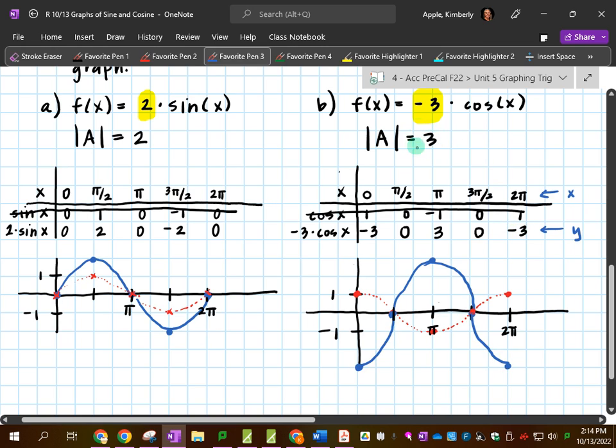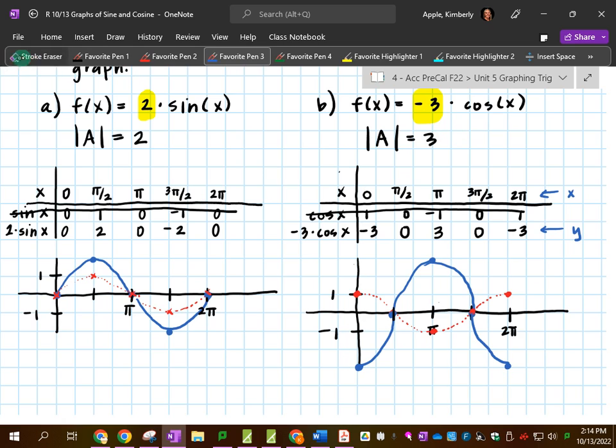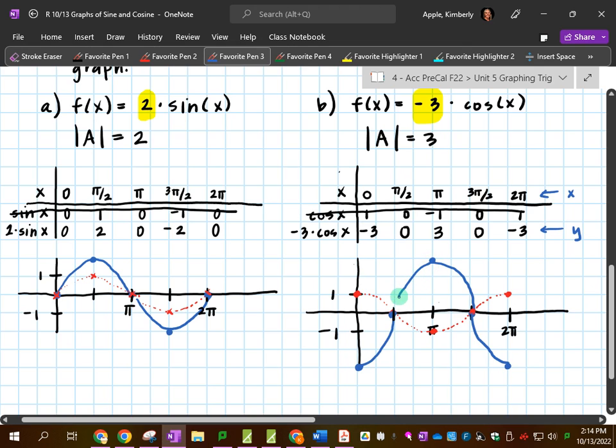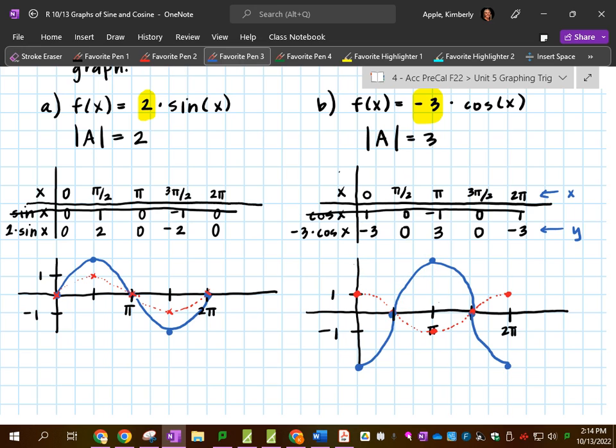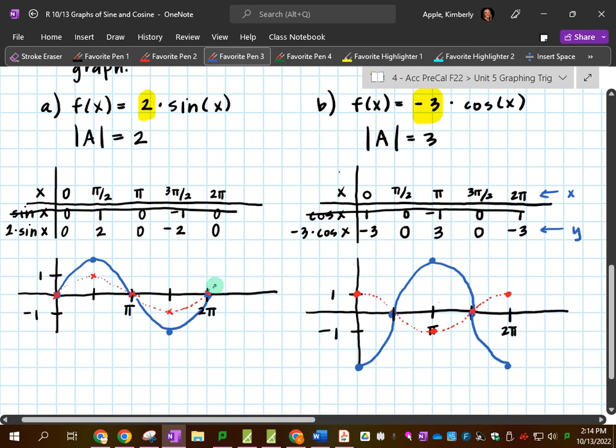So even though we do not include the negative in the calculation of the amplitude, it still matters when you're sketching the graph. We still have to take it into account when we are transforming these points. And of course, we know that this would just continue on and on, even though we're just drawing one instance of the wave.